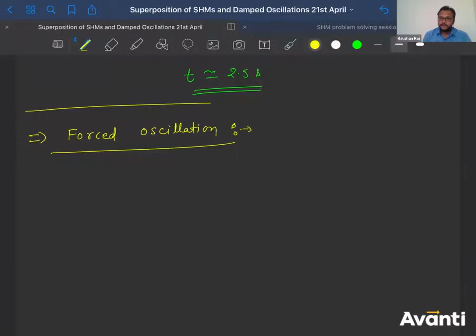One more thing, if damping is very, very less, that means friction is very less, then you might observe that the friend will go to a very high amplitude. So the amplitude will increase drastically.